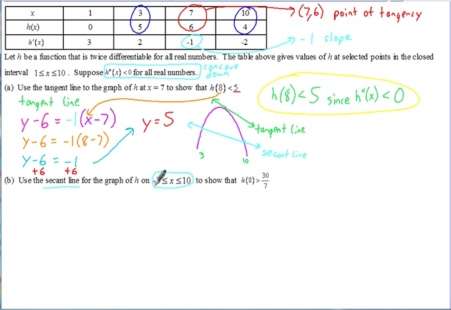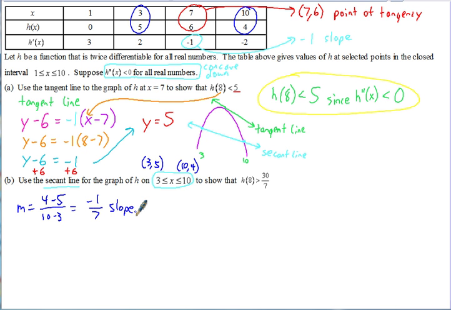So using the secant line on that interval from 3 to 10, this point is 3, 5, this is 10, 4. So the slope would be the difference of the y's, so 4 minus 5 over the difference of the x's, 10 minus 3. So that gives you negative 1 over 7. So there's your slope of your secant line.